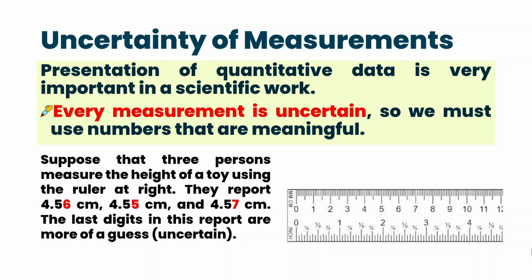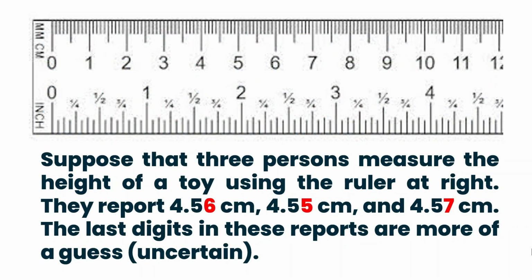Let's zoom in. We can see this ruler and they reported 4.56. You can see it here, 4.55 and 4.57. The millimeter part of the ruler above shows you 1 millimeter only.